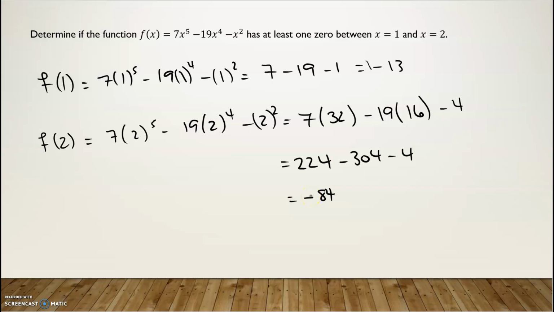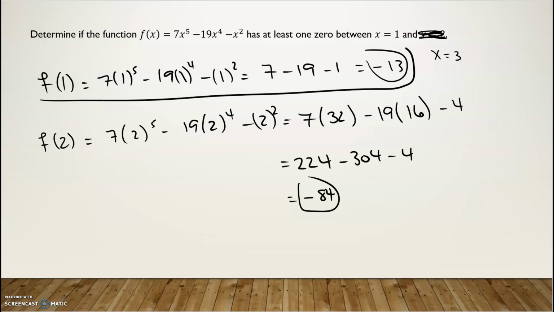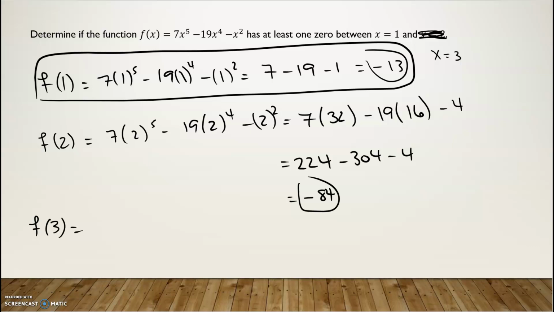So notice they're the exact same sign. They didn't change, so we cannot determine if it has at least one zero because they are the same sign here. Now say I tried x equals 3 instead. I'm going to keep this answer here, and now I'm going to try 3.